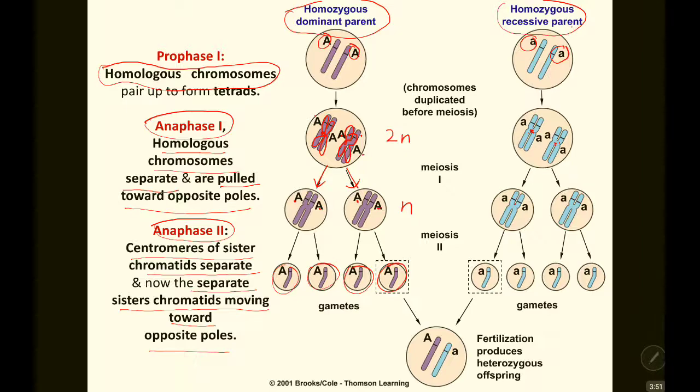Then during anaphase 1, homologous chromosomes separate. During anaphase 2, sister chromatids separate. So when this dominant gamete fuses with the recessive gamete, they will produce the heterozygous offspring, big A, small a.